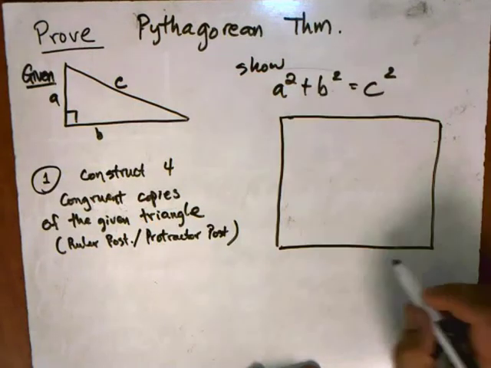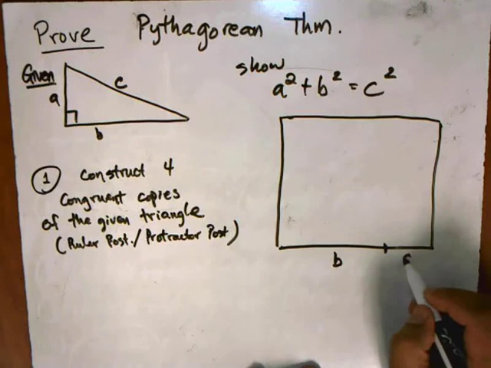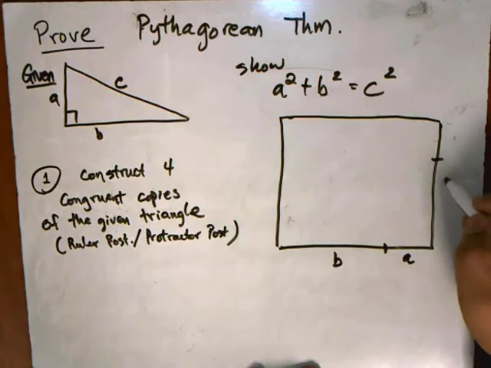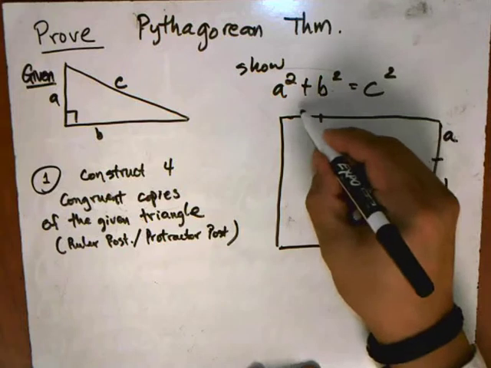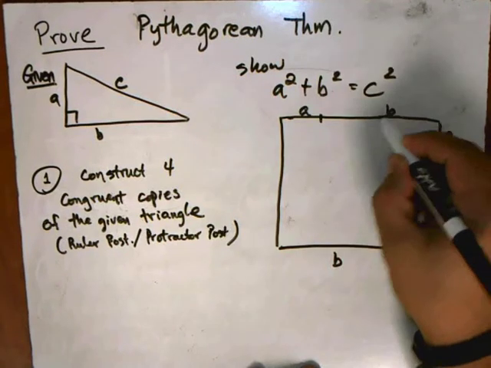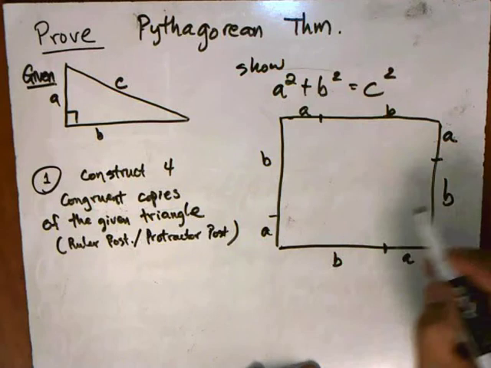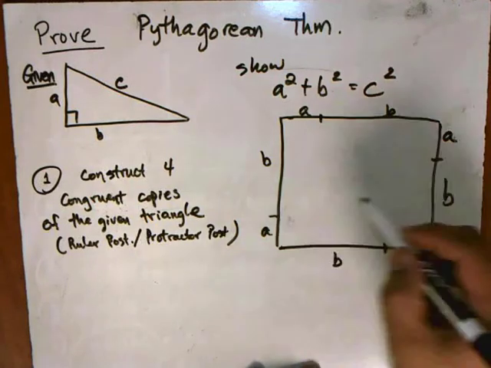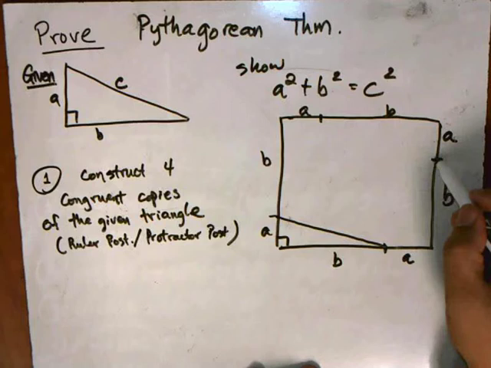So let me finish drawing my square here. I'm going to call this B, this is going to be A, this is B, this is A, this is A, this is B, this is B, this is A, and this is how the triangles are going to be formed.